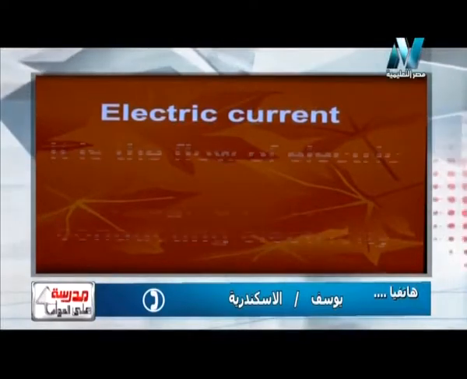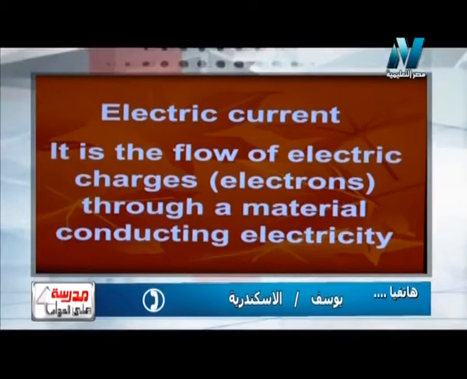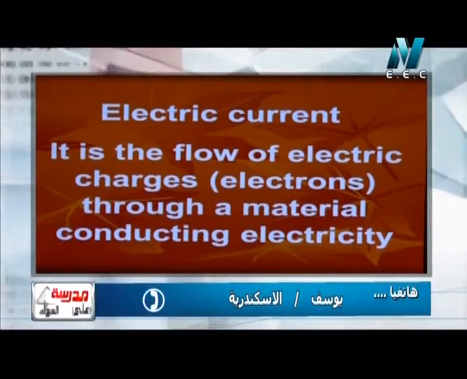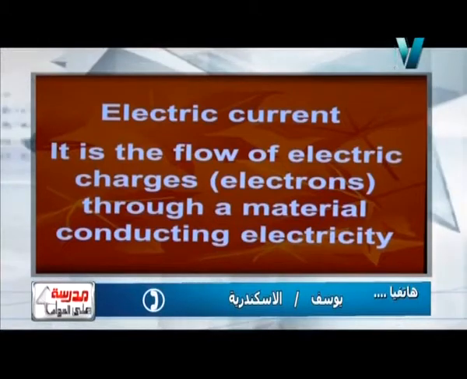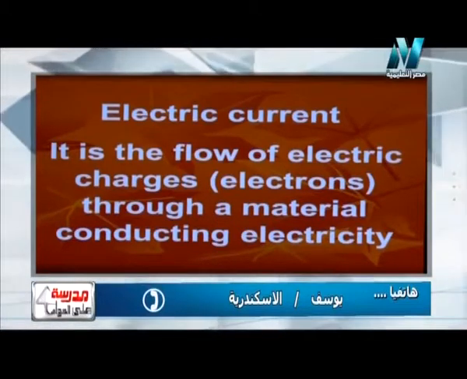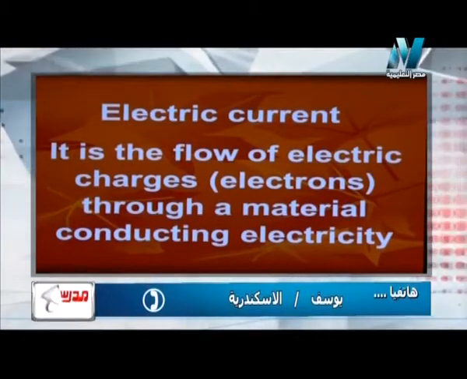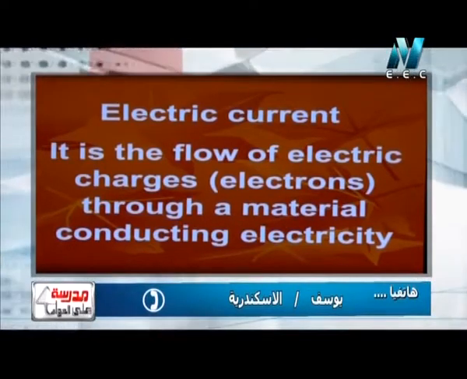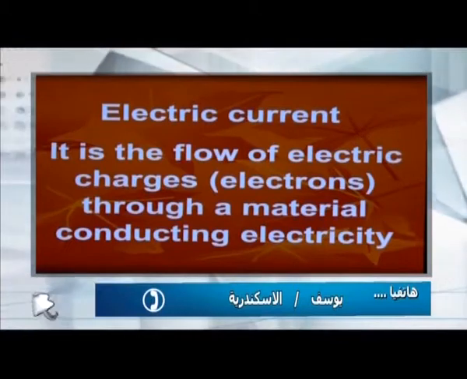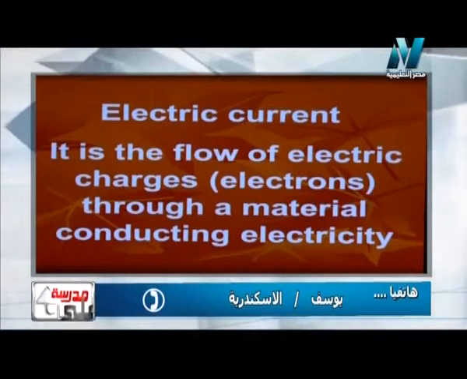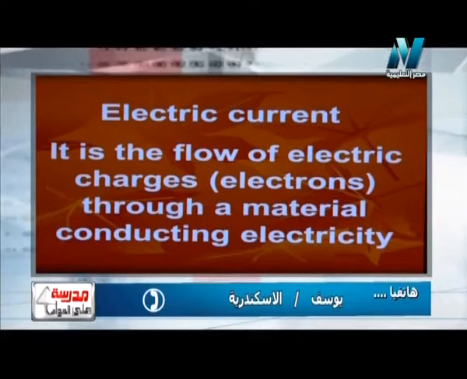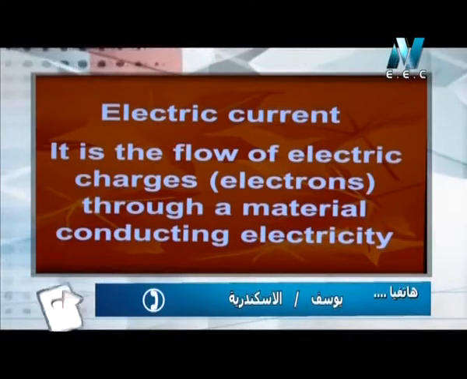Okay, Yusuf, it is the flow of electric charges, electrons. Yusuf, electric current, not the electric circuit. Again, electric current is the flow of electric charges or electrons through a material conducting electricity.